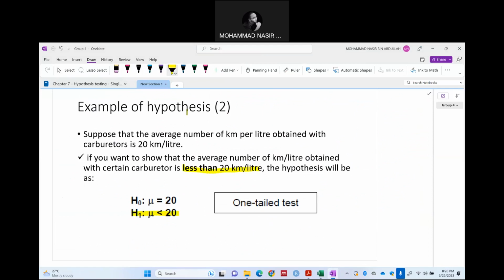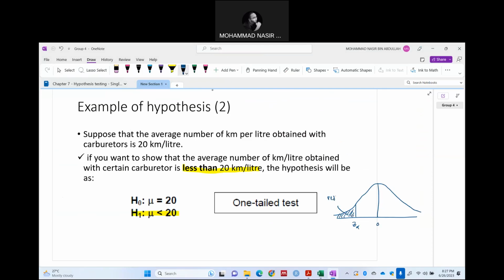This is a one-tail test because the alternative hypothesis shows a symbol less than or more than. This time, the area that we are looking into is to the left. So this is 0, to the left, this is Z alpha.